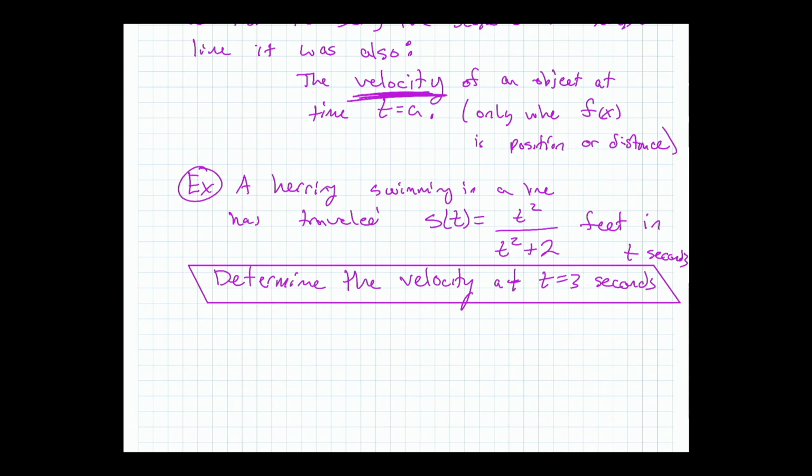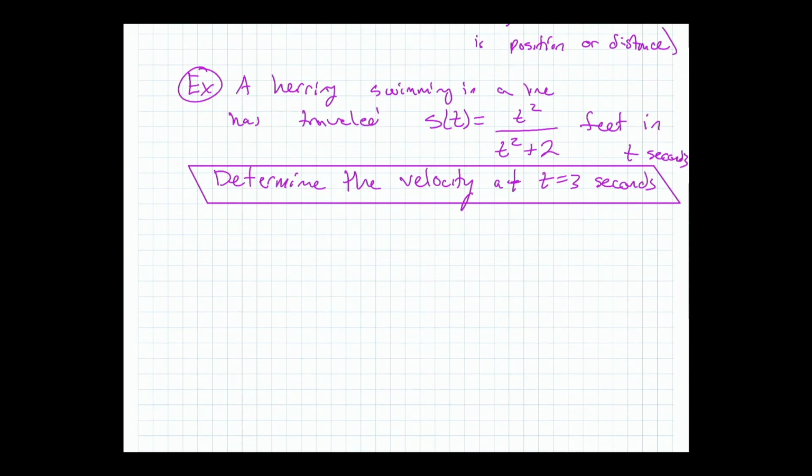All right, determine the velocity at t equals 3 seconds. So when you read that, your answer is going to be s prime of 3. All right, that's how you should interpret that.